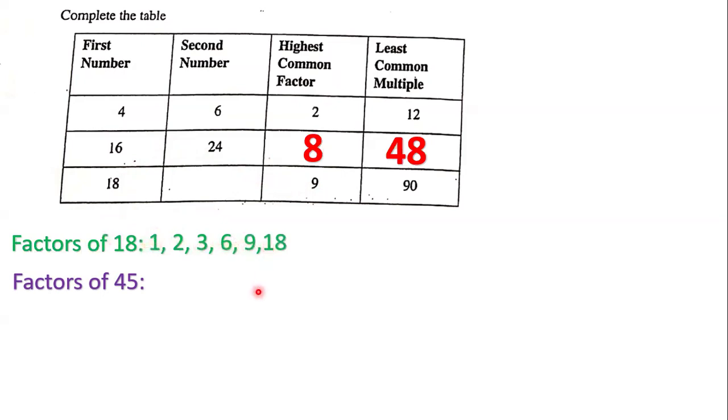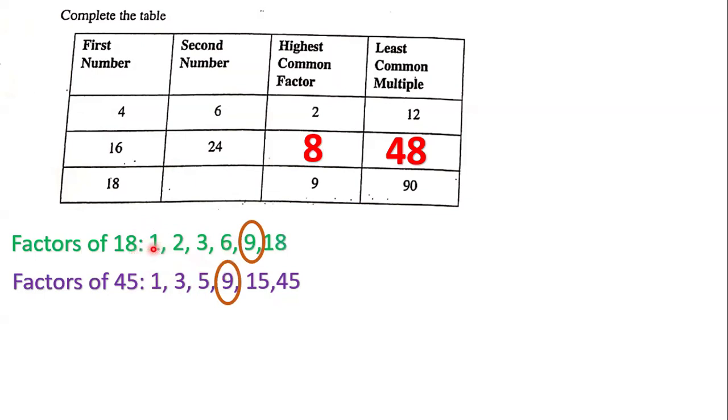And the factors of 45 are 1, 3, 5, 9, 15, and 45. If you notice carefully, the highest common factor of 18 and 45 is definitely 9. So far, 45 works, but we're not done.